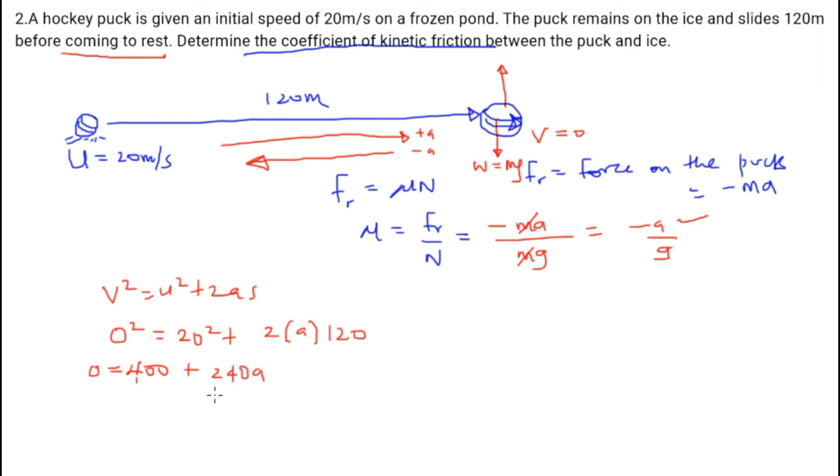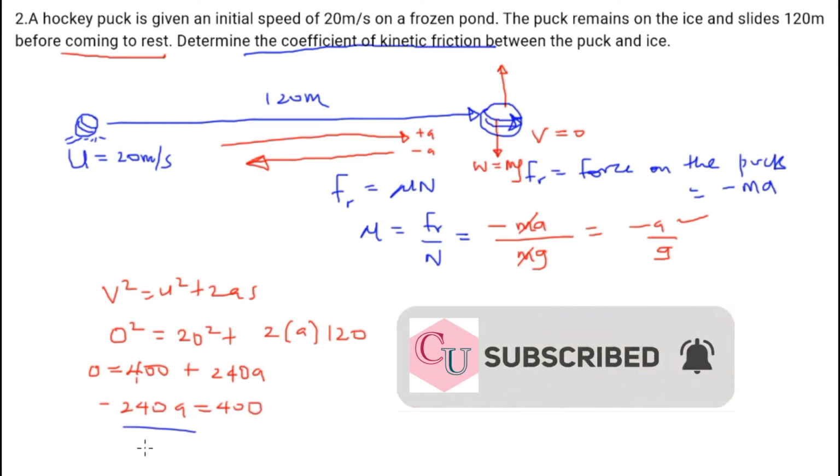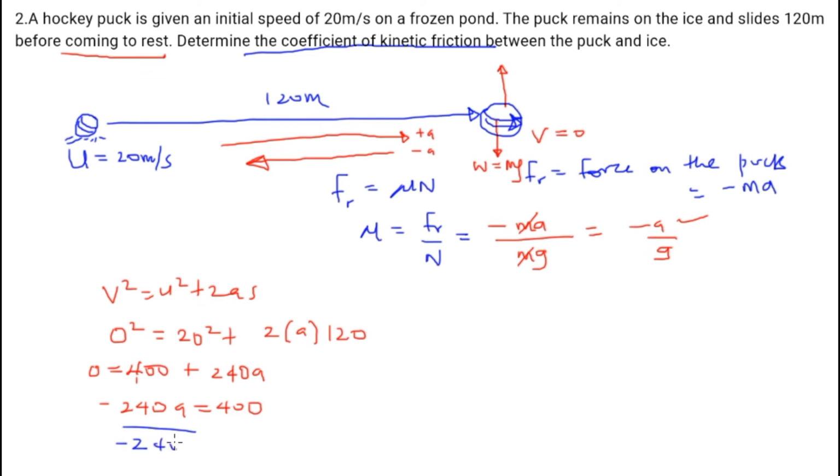240a. By taking 240a to the other side of the equation, I'll have minus 240a is equal to 400. If I divide both sides by minus 240, I'll have a equal to minus 400 divided by 240, or 400 divided by minus 240. Either way we arrive at the same answer, negative 1.67.